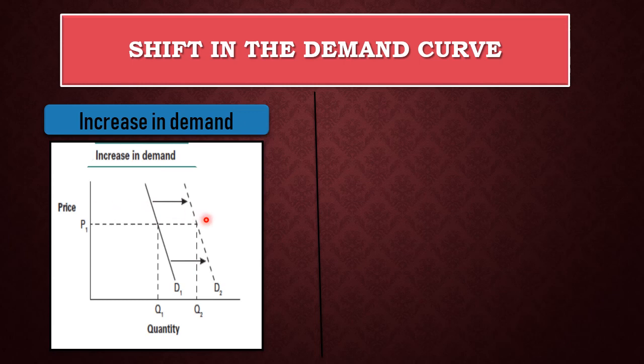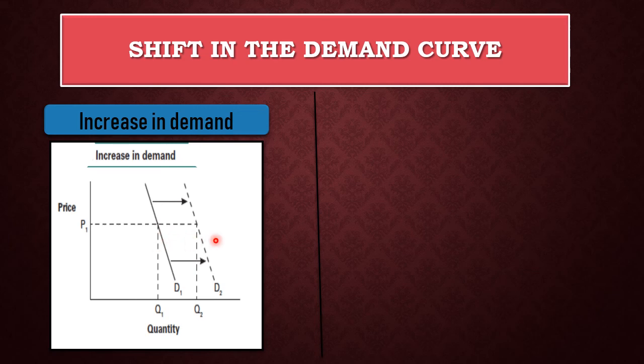Other factors change, whatever we have studied: change in fashion and preference, the season, change in weather. These are the factors which affect the demand. And if there is a change in those factors, it will also affect the demand. So price is constant, but the demand is increasing because of those factors affecting demand.